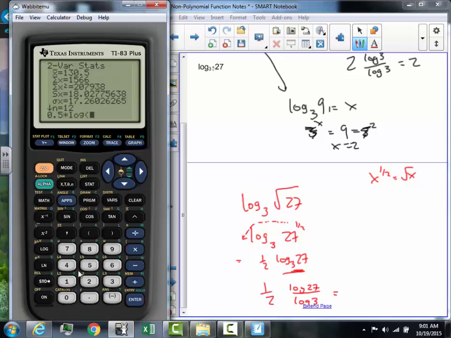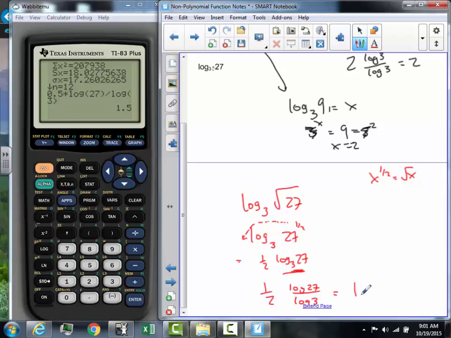Then I need the log of 27. My calculator doesn't do the little base, so I'll just have to do it the long way and then divide by the log of 3. The answer is 1.5. Does that make sense?